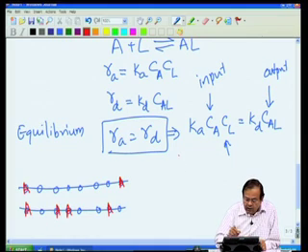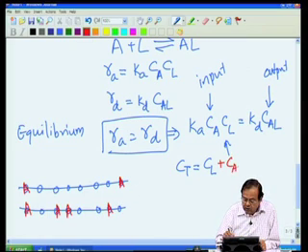So, if I say that my total sites on the catalyst is Ct, then this must be the same as Cl, the blue ones, plus Cal, occupied and unoccupied, but this number is constant.